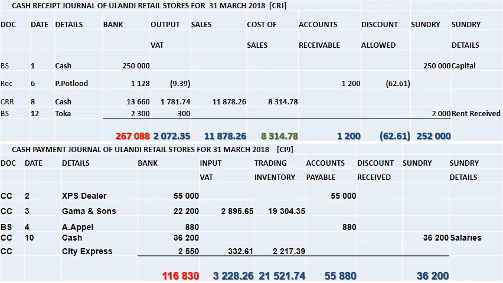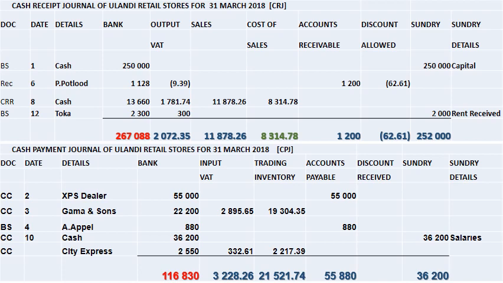We will also do the same thing with the cash payment. We would close it off by calculating the totals for the different columns. The total for the bank that we've calculated is 116,830 rands.